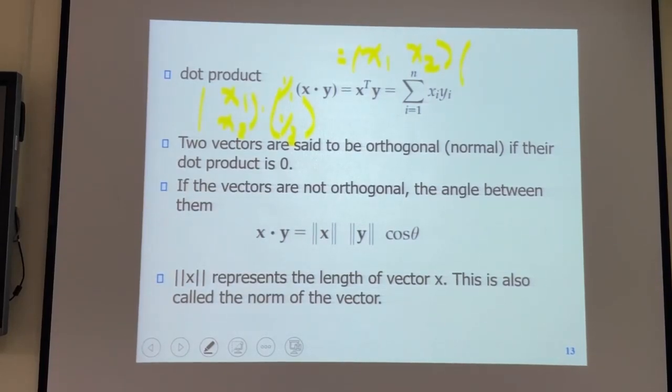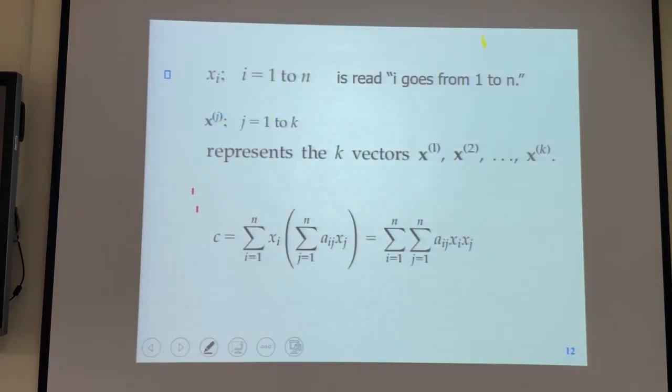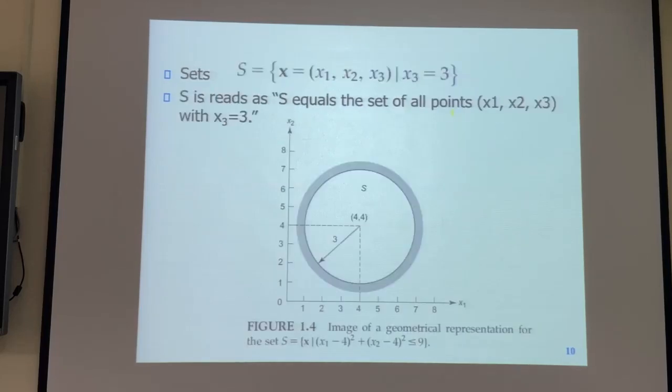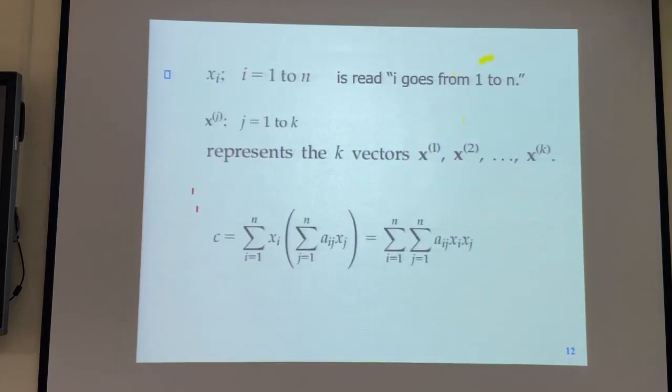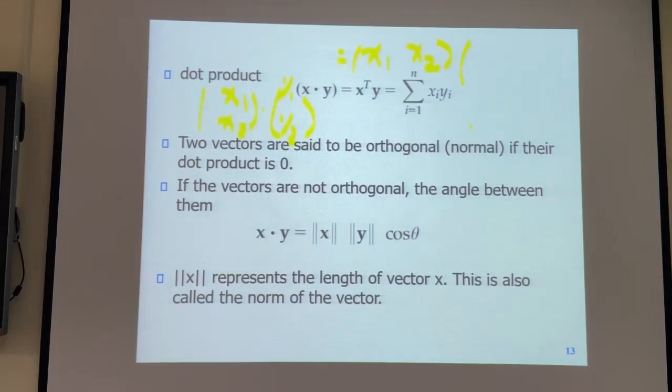This is vector y, y1, y2. So with the matrix calculation, first row times first column, x1 y1 plus x2 y2.